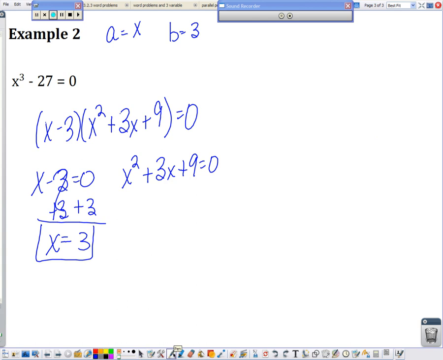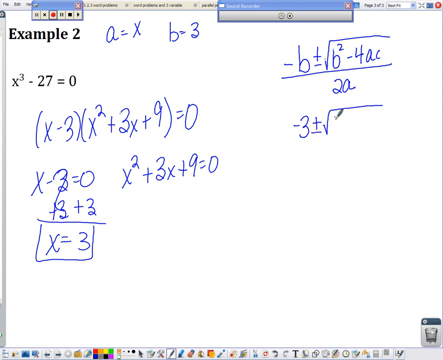So if I do the quadratic formula, remember it's negative b plus or minus the square root of b squared minus 4ac all over 2a. Okay? So, remember, this is my A, B, and C. So, negative B gives me a negative 3, plus or minus square root of B squared is 9 minus 4 times 1 times 9, all over 2 times 1.